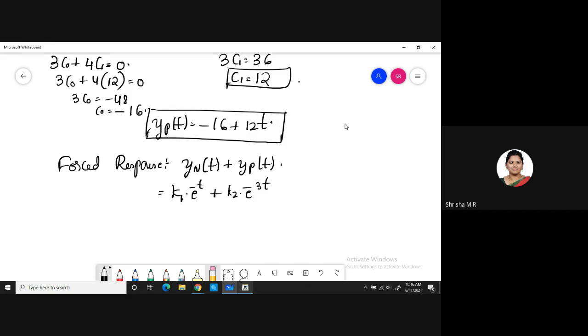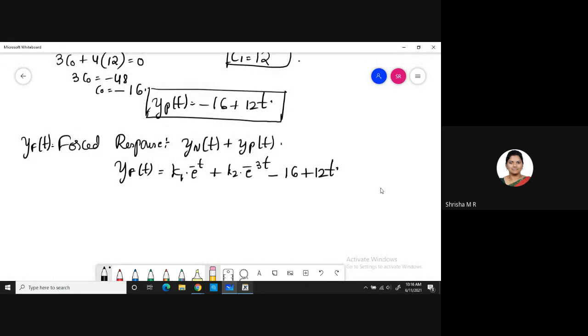Just take k1 and k2. This k1 and k2 you are finding by assuming zero initial conditions in forced response. So yf of t is equal to k1 into e power minus t plus k2 into e power minus 3t minus 16 plus 12t.